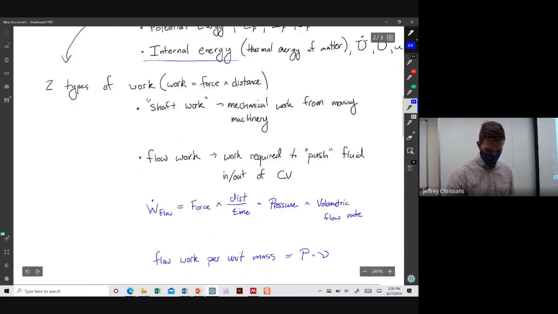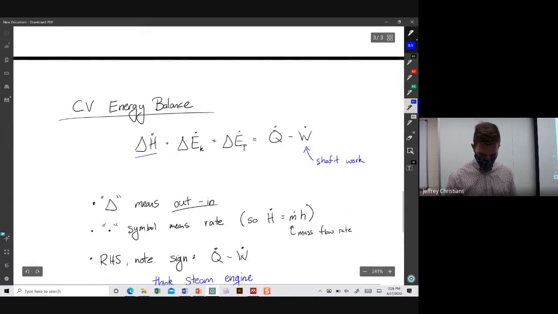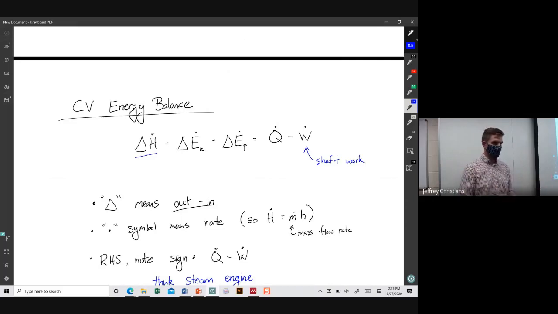So for that, in Q we would plug in a positive, say positive 10, minus negative 5 kilowatts, or whatever the work of that pump would be. If you go back to a steam engine, that tells you what positive should be. And then you just have to make sure you plug in a positive if heat's going in or work's coming out.